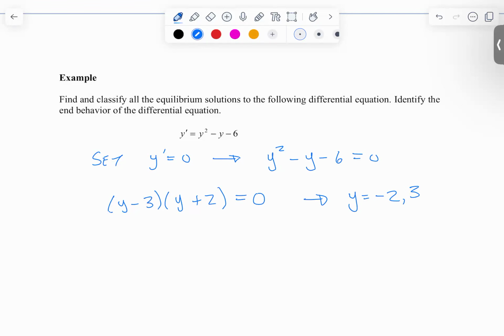That gives us the values -2 and 3. And then now we need to start plotting points to create our direction field. Start picking points and we're going to create our direction field.